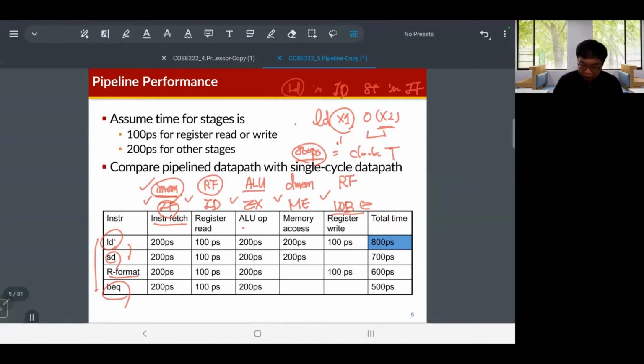Okay. So we can divide the pipeline into 5 stages, like instruction fetch stage, instruction decoding stage, execution stage, memory stage, and write back stage. Then we can reduce the clock period for each stage in this example.